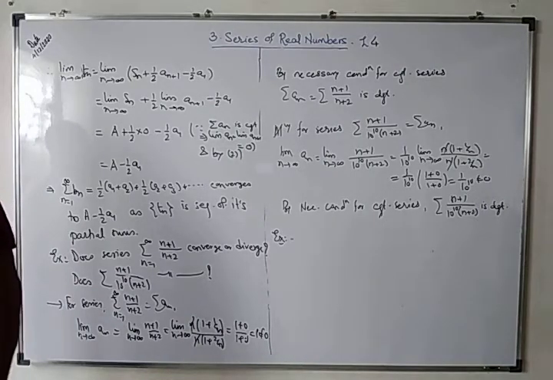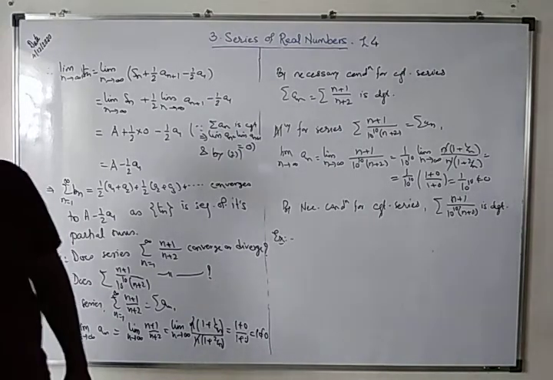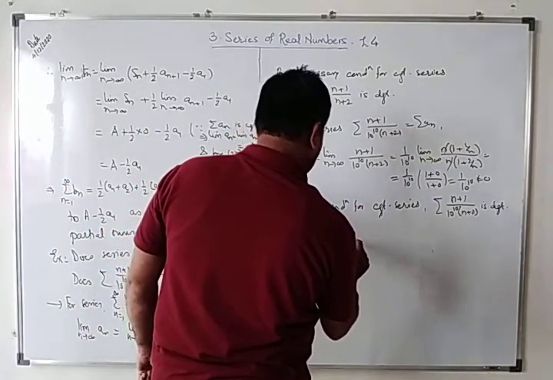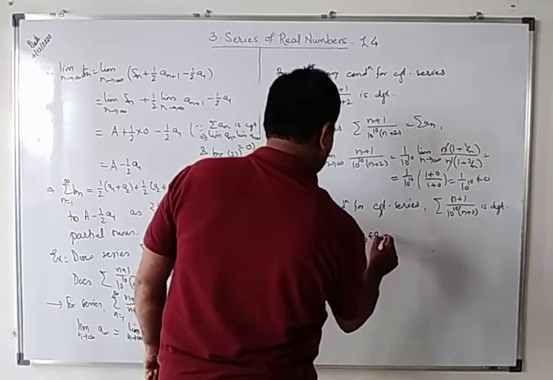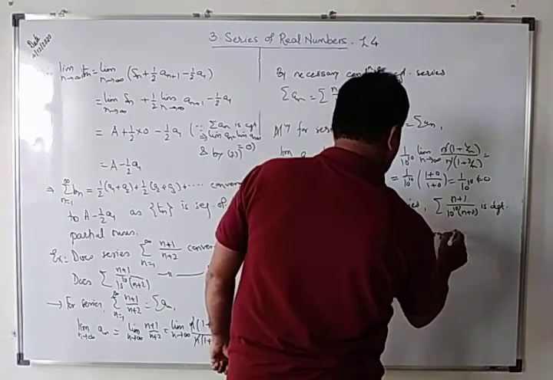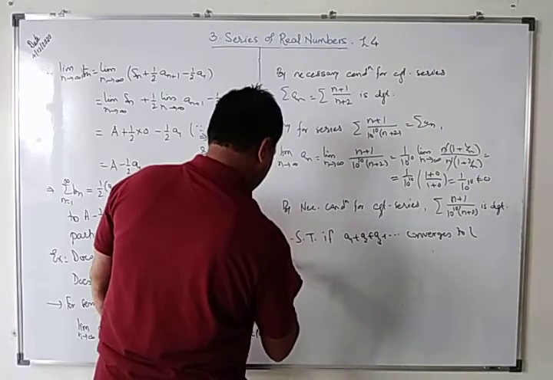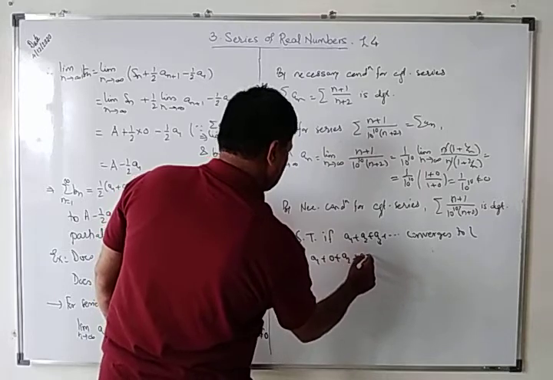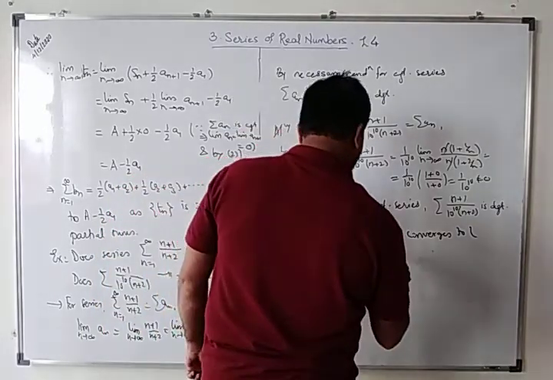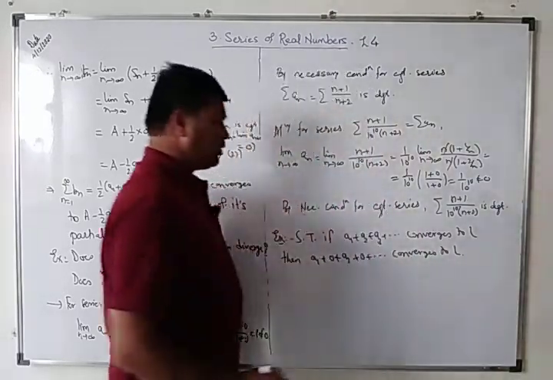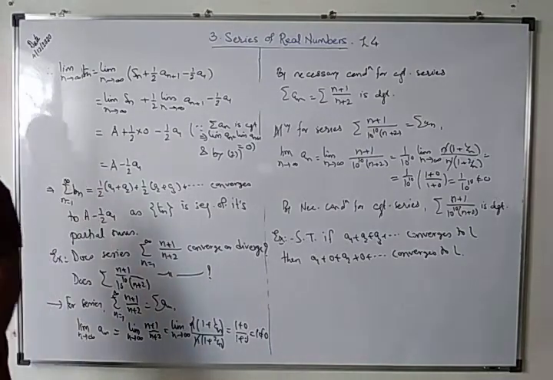So if a1 plus a2 plus a3 dot dot converges to L, then a1 plus 0 plus a2 plus 0 plus so on converges to L. Means insertion of 0 doesn't affect the convergence of the series.